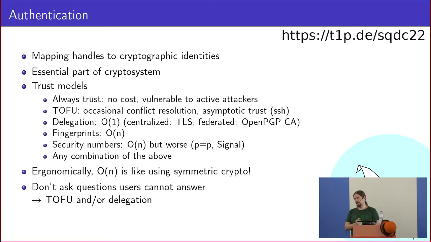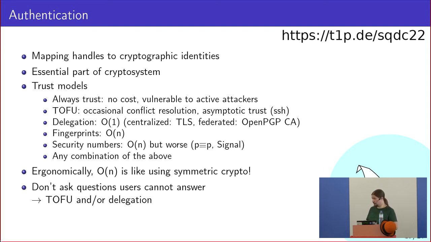But TOFU gives you asymptotic trust, meaning over time the trust in the mapping increases, because an attacker would have to keep up the attack in order to not be noticed. So its cost will go up, and eventually the attack is no longer feasible.